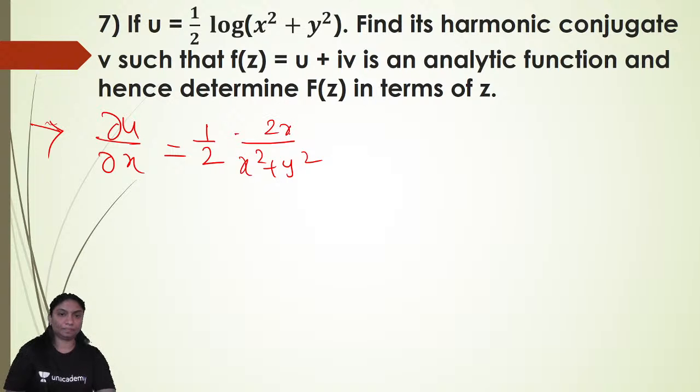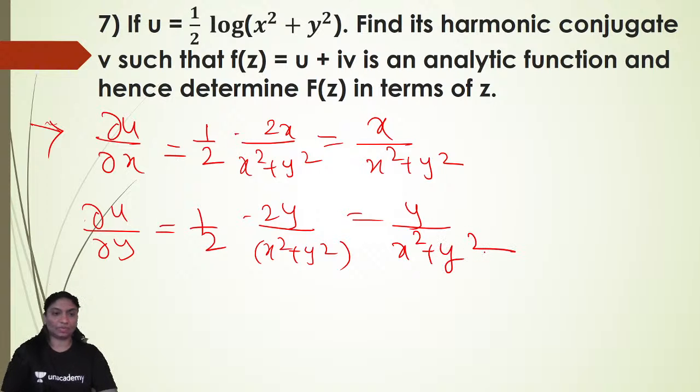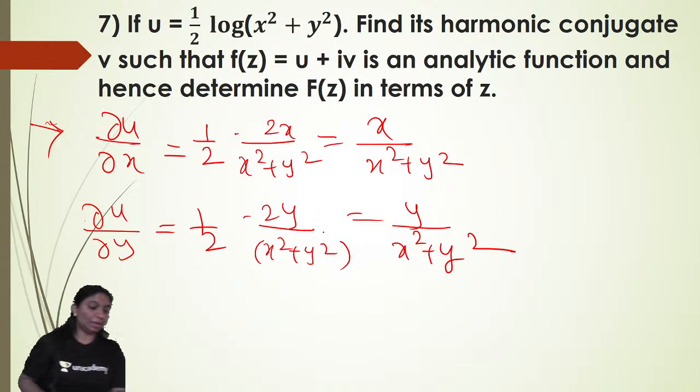So the 2 cancels out, and you will get x upon x² plus y². Right? ∂u/∂y is 1 by 2 into 2y upon x² plus y². Okay, nothing but y upon x² plus y². This is ∂u/∂x and this is ∂u/∂y.